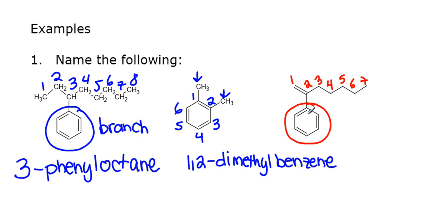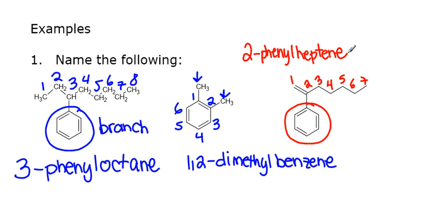Now I can start to put my name together. Branch first, so 2-phenyl. Then I have 7, hept. D and E for double bond, and it's at number 1, so I can just write heptene. So 2-phenylheptene.